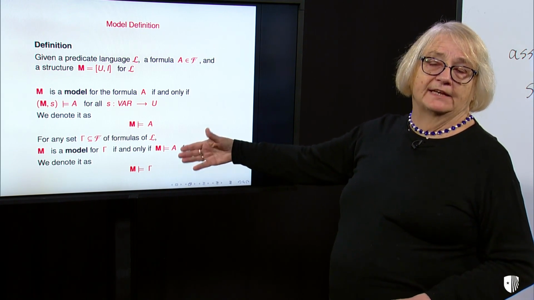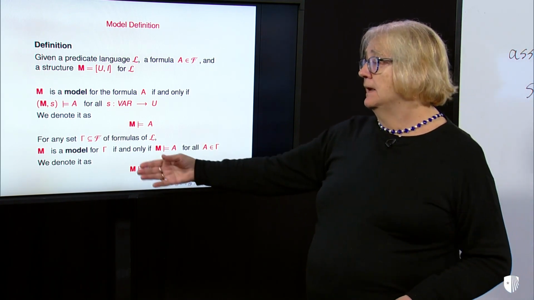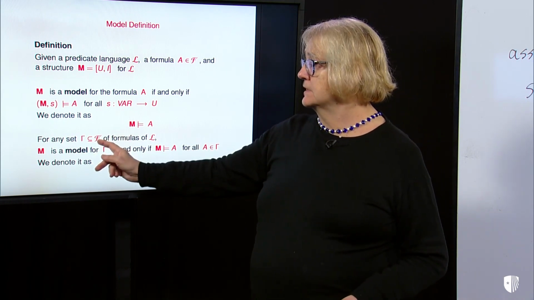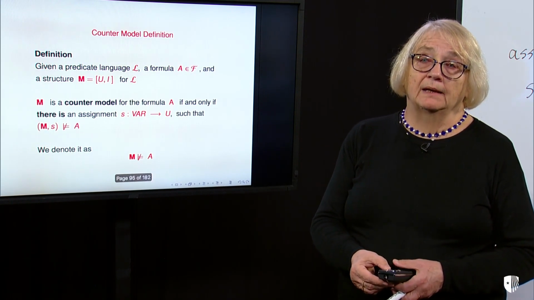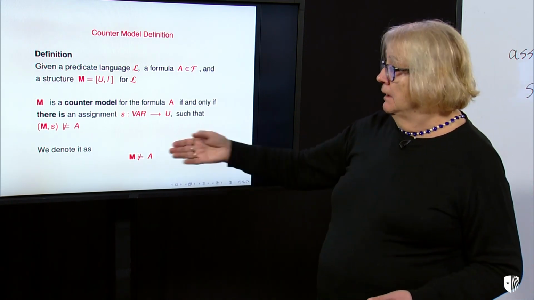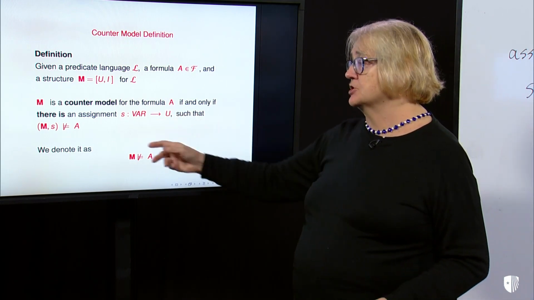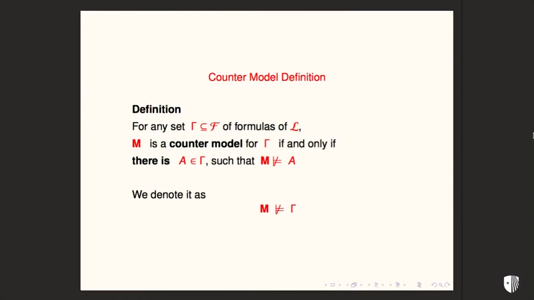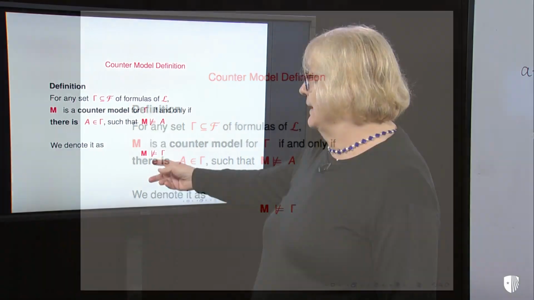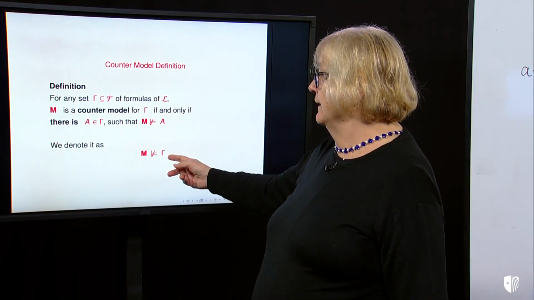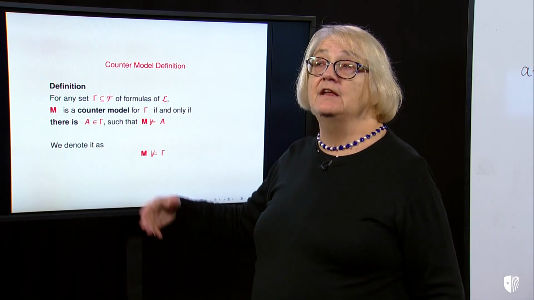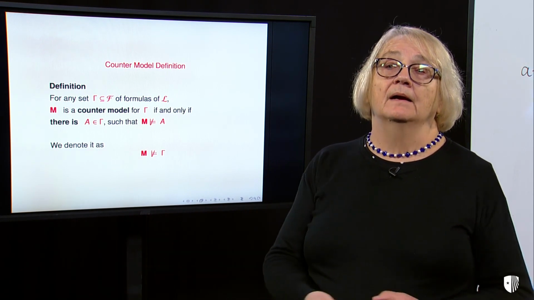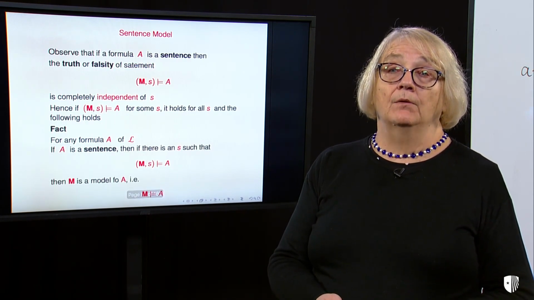And again, if you have a set of formulas, we say that M is a model for a set of formulas if M is a model of A for all A in the set. And again, a countermodel is when there is an assignment such that it does not satisfy. A countermodel for a set of formulas is, as we do, M is not a model for the set of formulas. It means that there is a formula A in the set Gamma for which M is not a model.